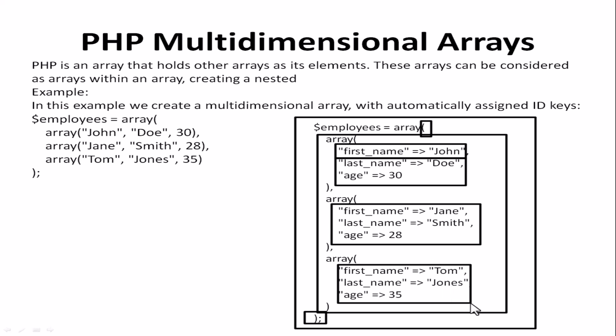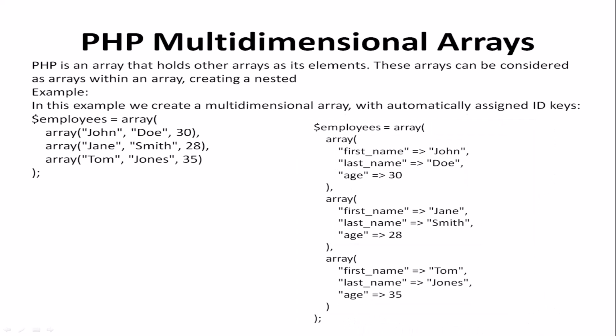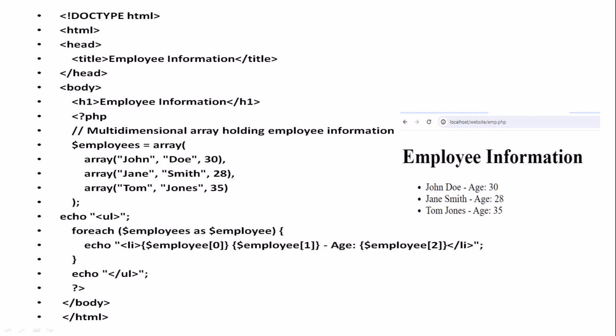Like that, we have written all the code, and finally the array has ended here. In this manner, we have created a multi-dimensional array. John is the first name, Doe is the last name, and then the age. Like that we have created different arrays.